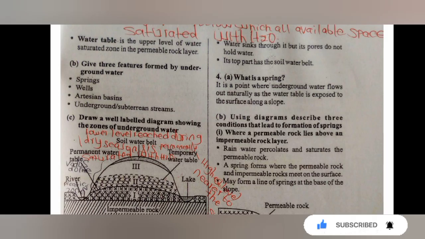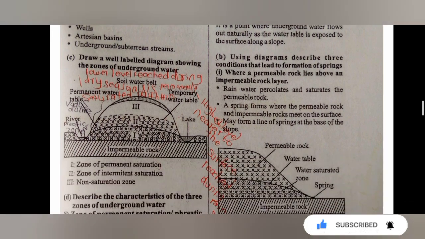Now, springs may form in several ways. In this discussion, using diagrams, we are going to describe three conditions that lead to the formation of springs.